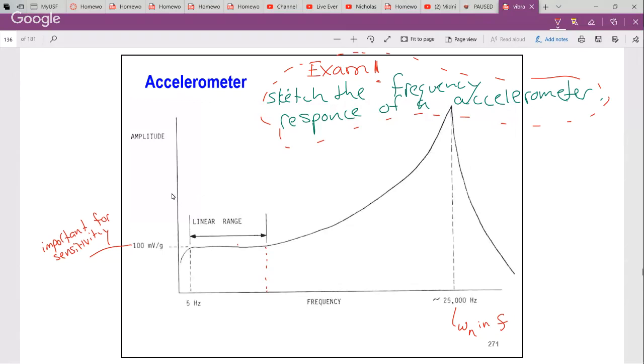And usually, if you just see this on a spec sheet, there should be some sort of plot like this as well. But even without the plot, they'll give you the sensitivity, and then they'll indicate a frequency range. In this case, they might say from 5 to probably like 2,000 hertz or something like that, plus or minus 1 millivolt per G or something, whatever it is.